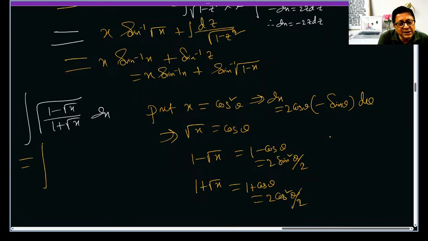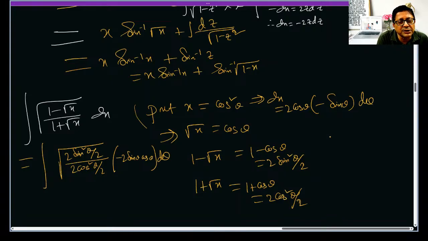So this I is changing to under root 2 sin square theta by 2 over 2 cos square theta by 2, multiplied by minus 2 sin theta cos theta d theta.